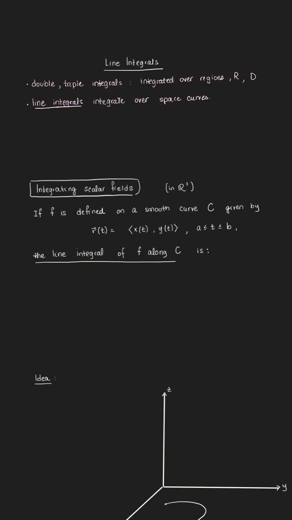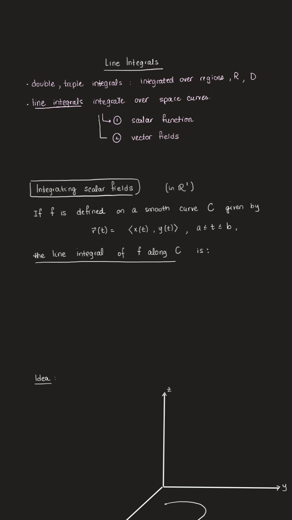There are two types of line integrals. One type is where we are dealing with a scalar field or scalar function over a curve. So we're integrating scalar functions over a curve. Two, we're integrating vector fields over a curve.